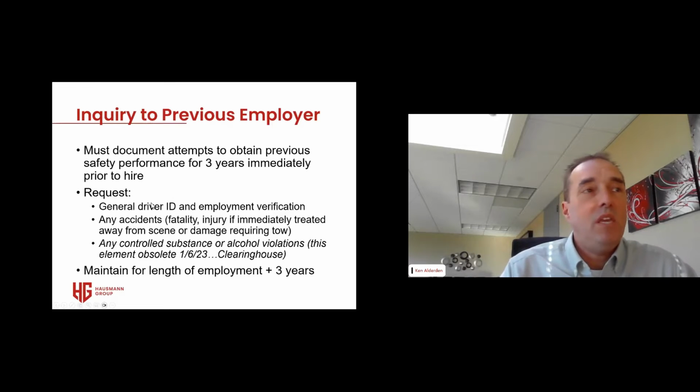It also talks about the inquiry to previous employers. This did not go away, which is one of the misconceptions out there. When the Drug and Alcohol Clearinghouse took effect 3 years ago, back in 2020, the plan was that in 2023 employers would no longer have to ask previous employers for drug and alcohol related information.